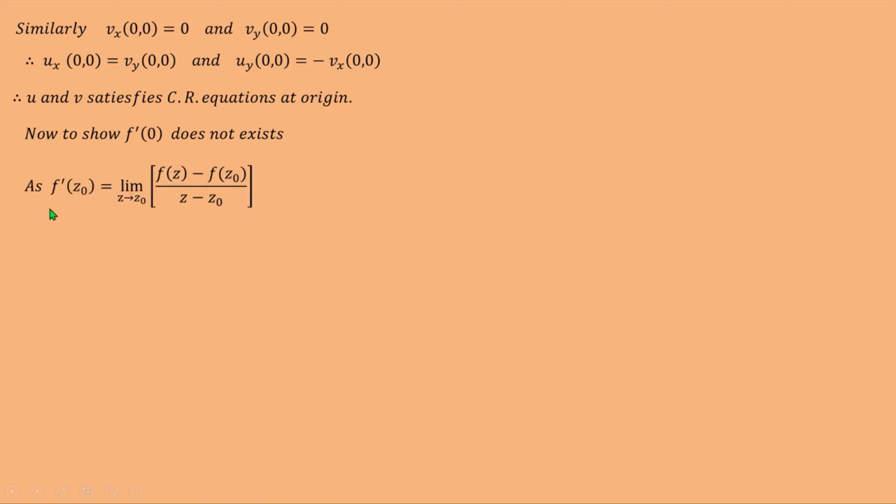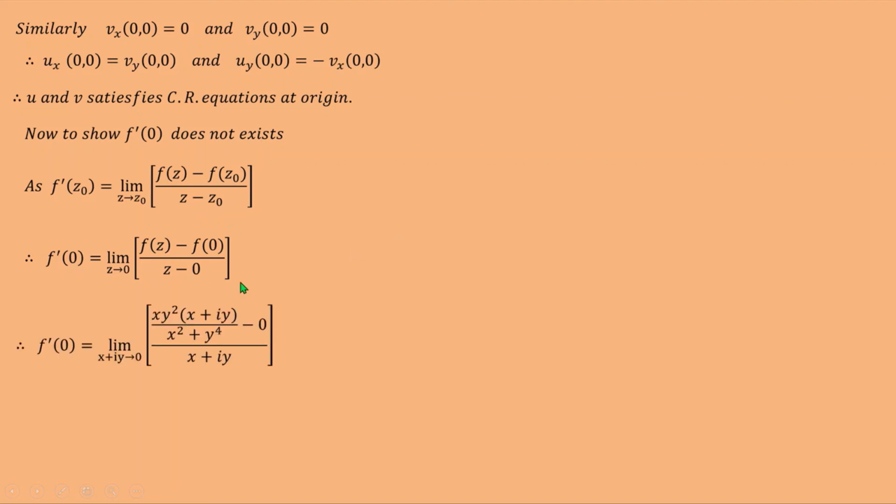As you know, the derivative of f with respect to z at a particular point z equal to z naught is given by limit z tends to z naught, [f of z minus f of z naught] upon z minus z naught. Put z naught equal to 0, and so we get f dash 0 is equal to limit z tends to 0, [f of z minus f of 0] upon z minus 0. So f dash 0 is equal to the limit, with z as x plus iy.